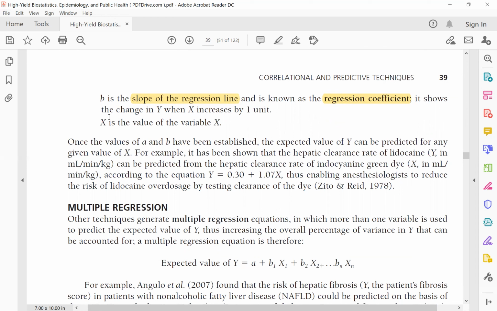So B is the slope of the regression line. It is known as the regression coefficient. It shows the change in y when x increases by 1 unit. And x is the value of the variable x, which is our independent variable.